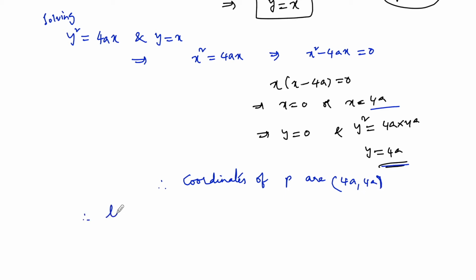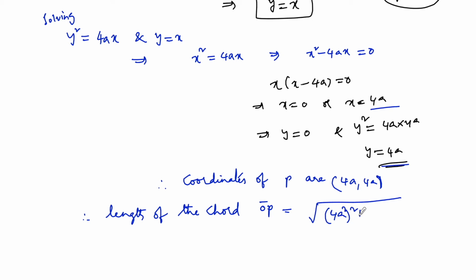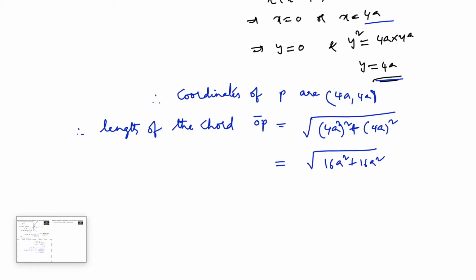Therefore the length of the chord OP is equal to root over (4a) whole square plus (4a) whole square, that is root over 16a square plus 16a square, so that is root 32a square.